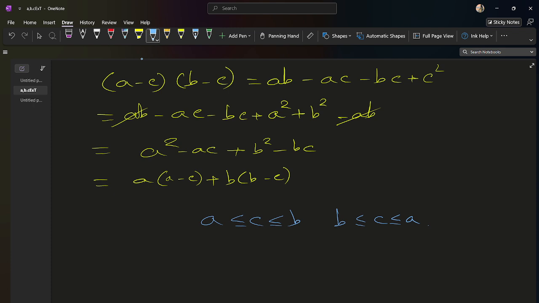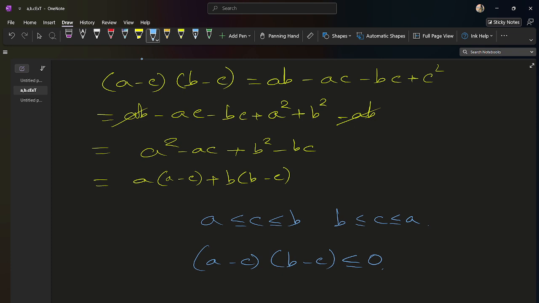These are the only possible cases in our favor. Then a minus c and b minus c, their product will always be less than or equal to 0.